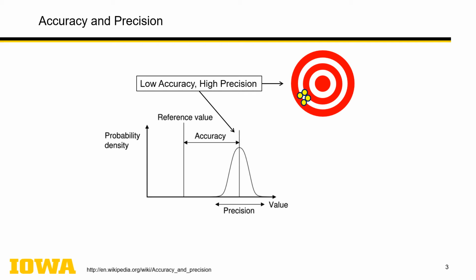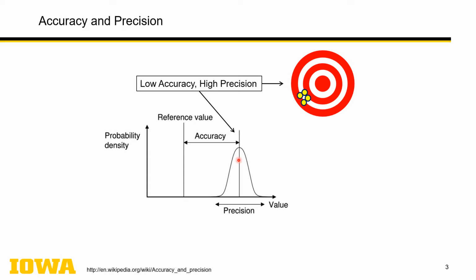So we have this distribution around some mean value. But that mean value is off from where it should be, right? The reference value, in this case, the center of our target. So we can think of that distance between the reference value and the average as our accuracy.